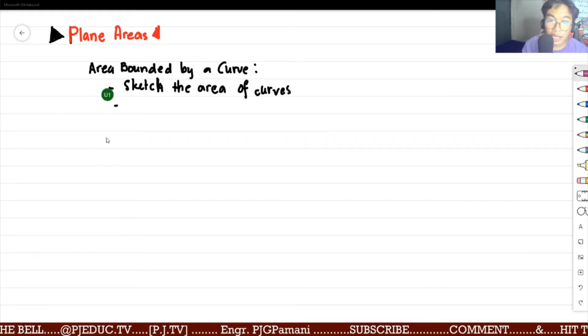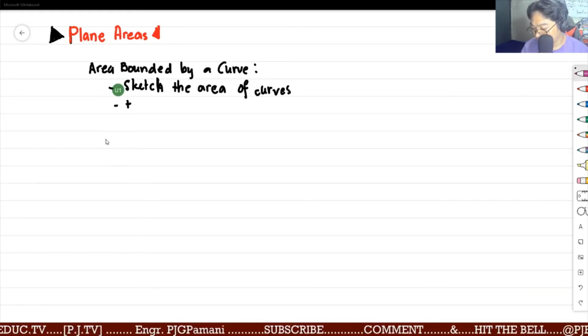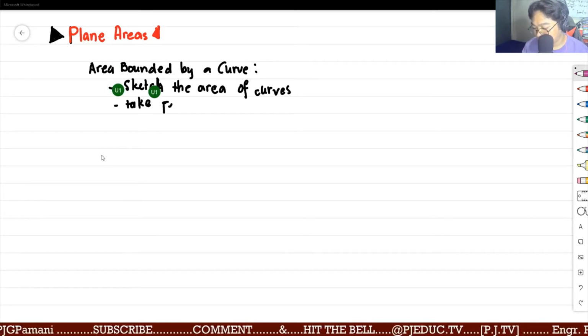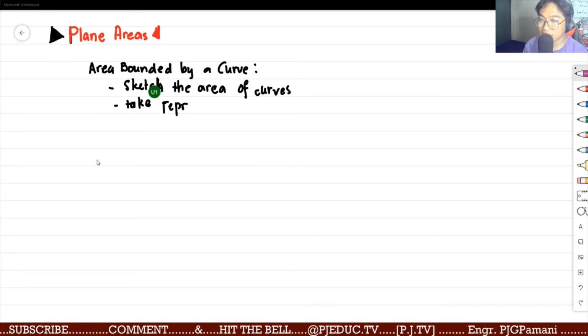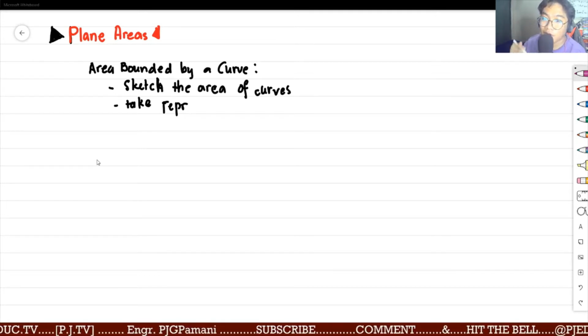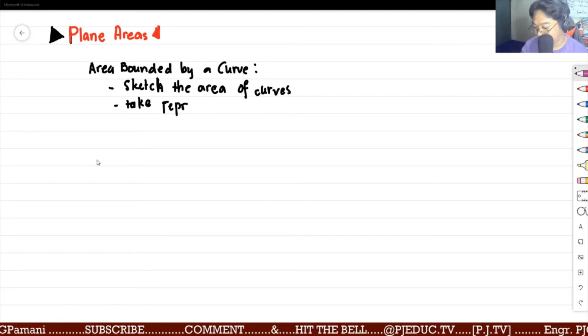Then, take a representative element. Pag sinabi nating take a representative element, within that specific section, kukuha tayo ng maliit na strip which will represent our limits in defining later on what are our upper and lower limits of the given curve.